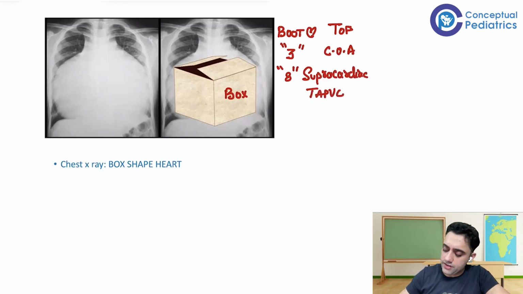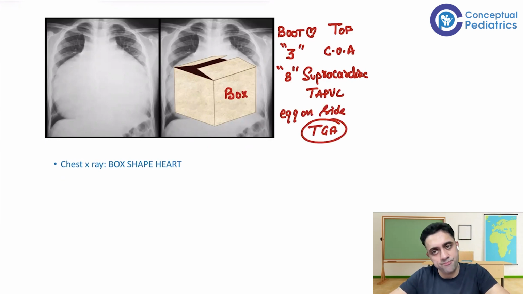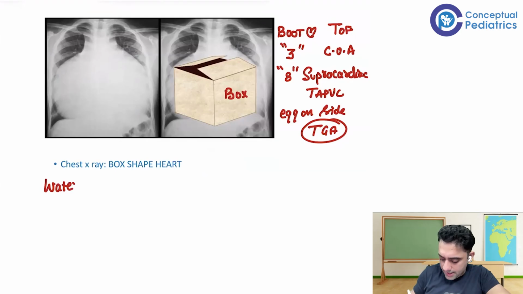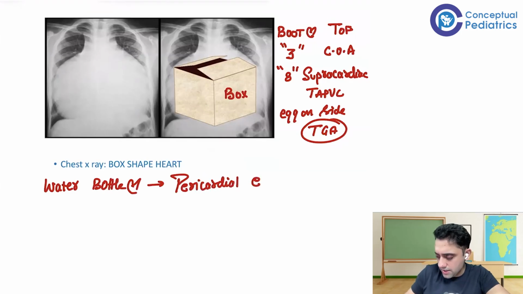If I ask where you see the egg on side appearance, or some books say egg on string appearance, that you see in a case of TGA. Next question, where do you see a water bottle shaped heart? You see it in a case of pericardial effusion.